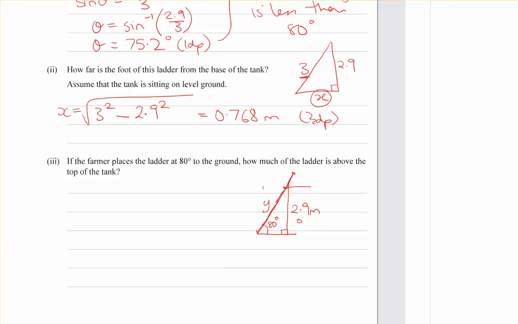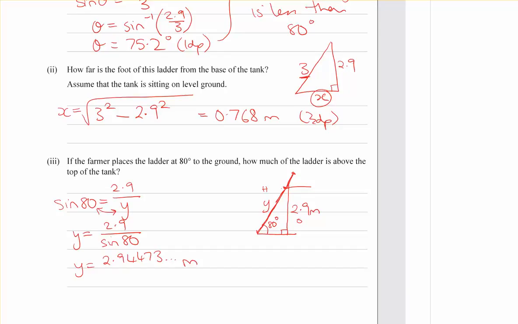So once again we're using sine, opposite over hypotenuse. If we swap these two over, we're going to need to divide this time, or you might be using similar triangles.